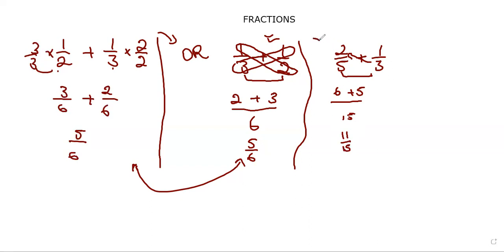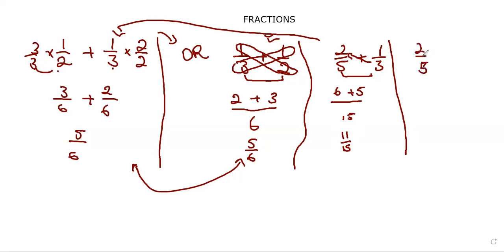If we use the other method, which I showed you in the beginning, let me just write it: 2 over 5 plus 1 over 3. That means we take this 5 and multiply here, 5 over 5, and take this 3 and multiply it here, 3 over 3.